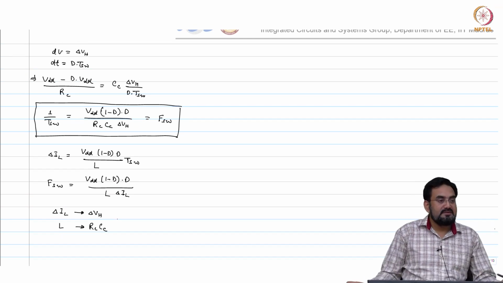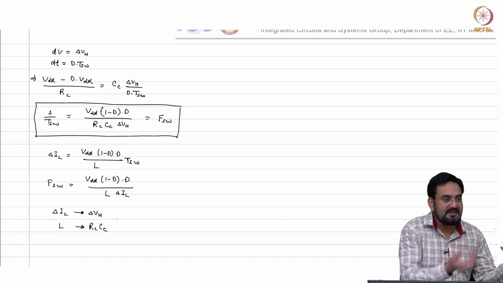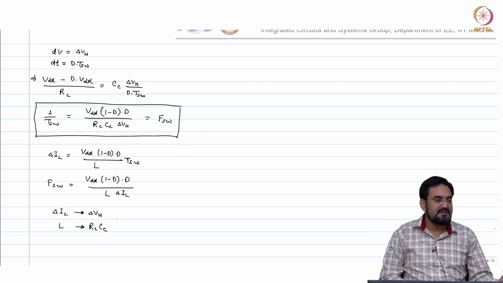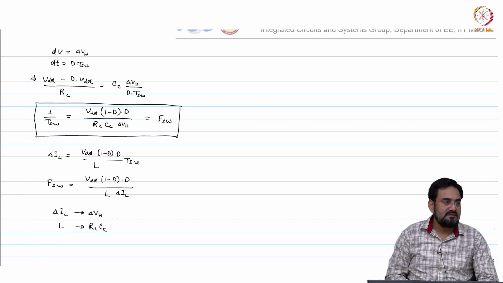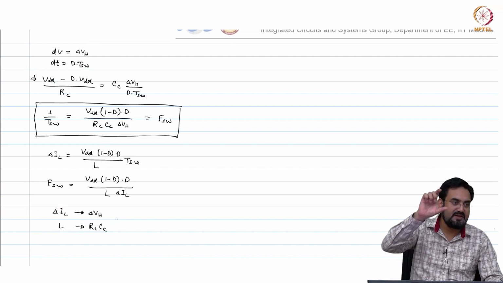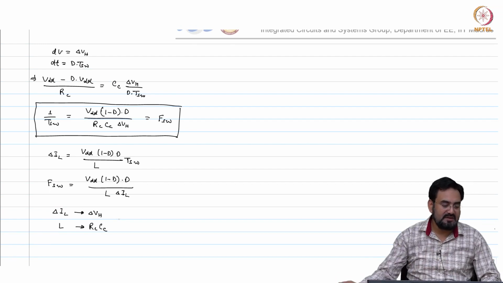Whatever the function of L in current, the same function is RC in voltage, and whatever delta IL ripple you had, that ripple is converted to delta VH.